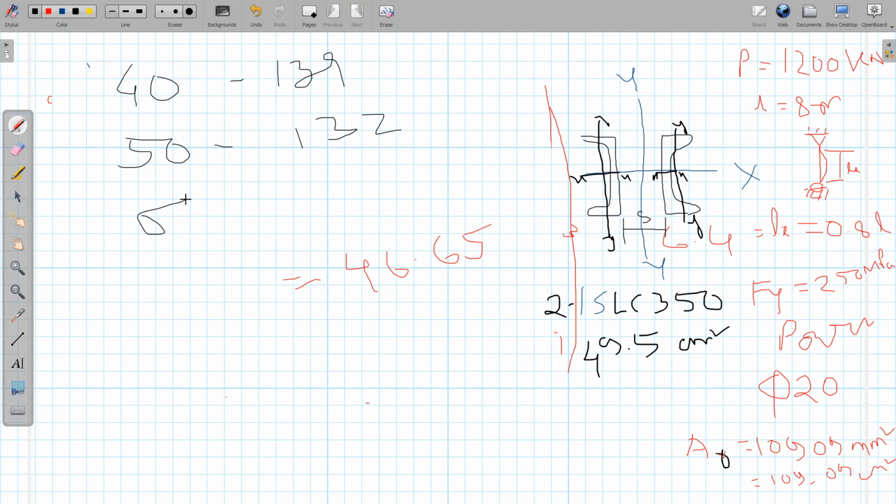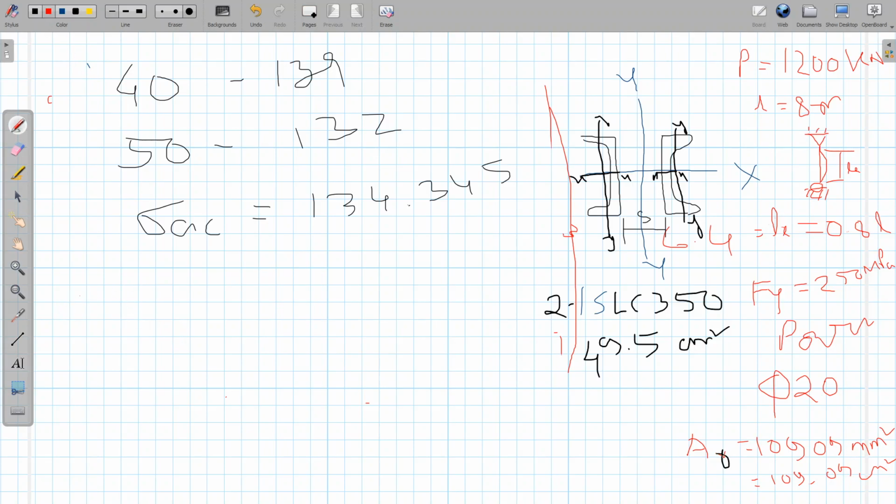If you do the interpolation, this comes out to 134.345. So sigma SC is coming out to be 134.345.